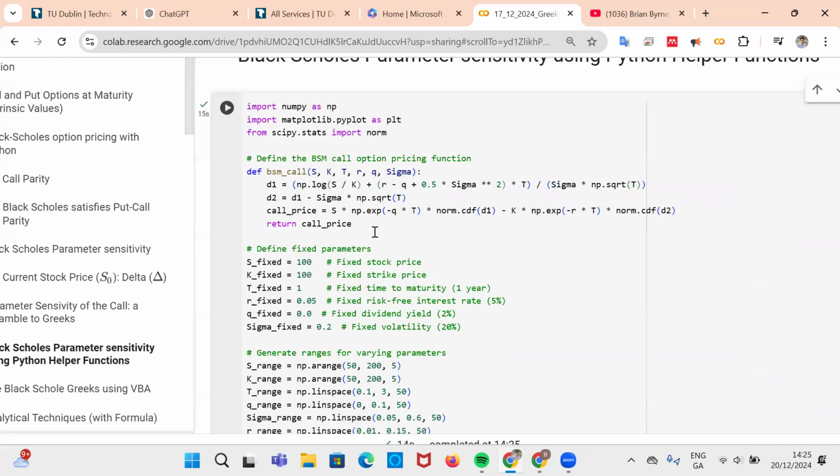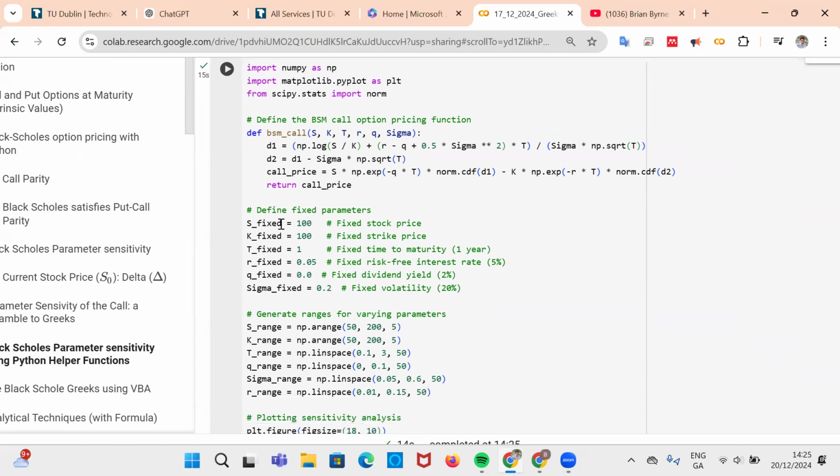Then we set out a range of parameters where, in each instance, we select a parameter that we lock, and then we allow each of the other parameters to vary sequentially in the range: for the stock price, 50 to 200 at steps of 5. Likewise for the exercise price, the time to maturity 0.1 to 3 in 50 steps, and q also 0 to 10%.